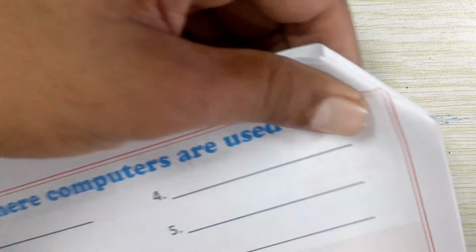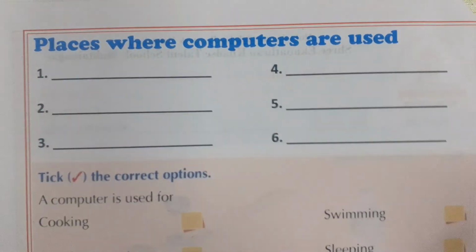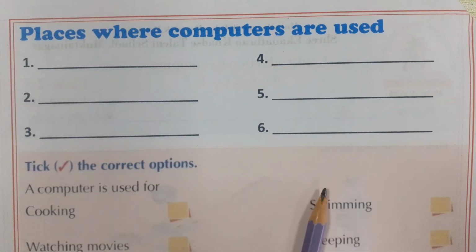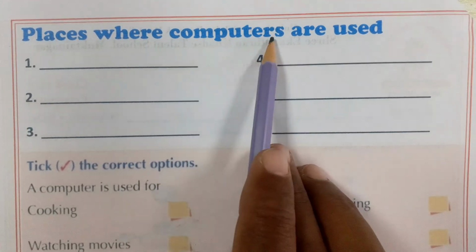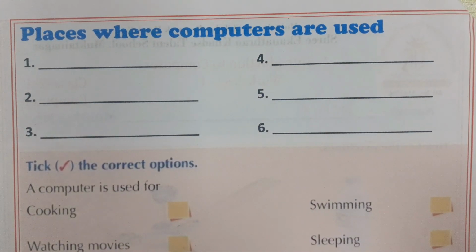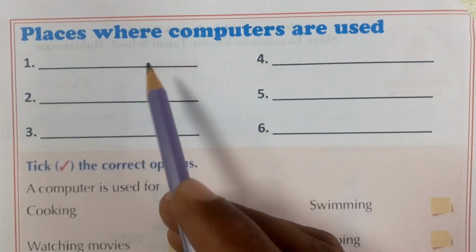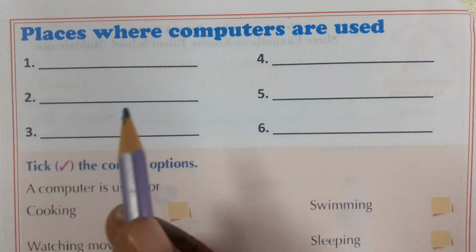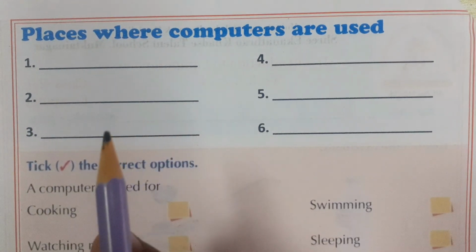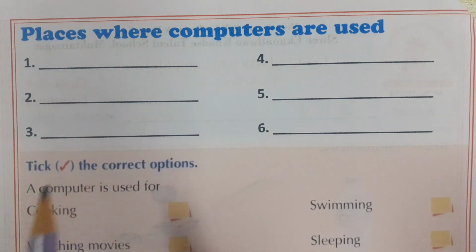Now turn your page. Second page. Here. Turn your page. See. Places where computers are used. Places where computers are used. Means where the computers are used. In the school, in the bank, in the hospital, in the police station, railway station.